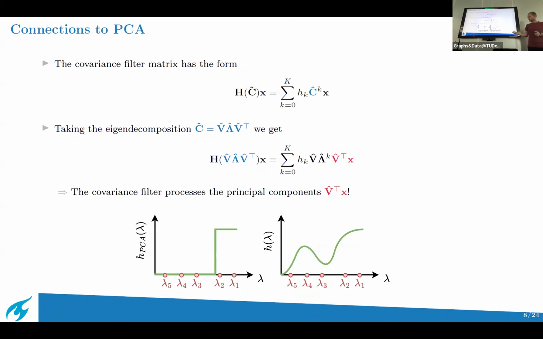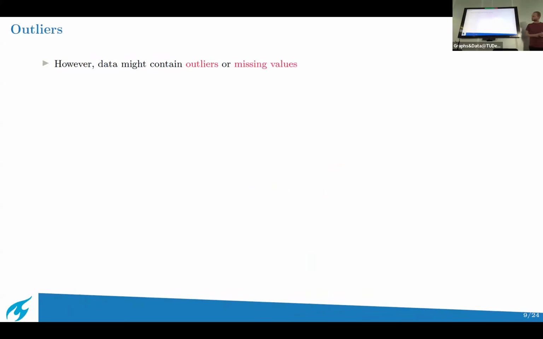So it's a polynomial, but you can play around with it, and by setting different Ks, you can learn different shapes here. So it's a more flexible approach than PCA. It's data driven, and of course, you can show that for some choices of h it retrieves the PCA transform.